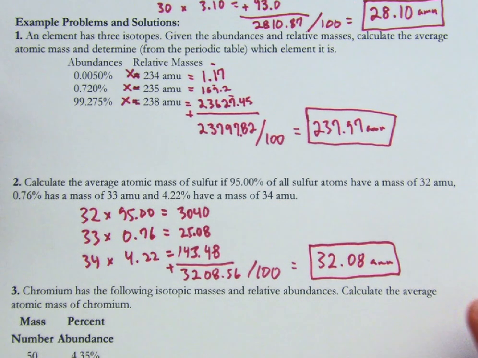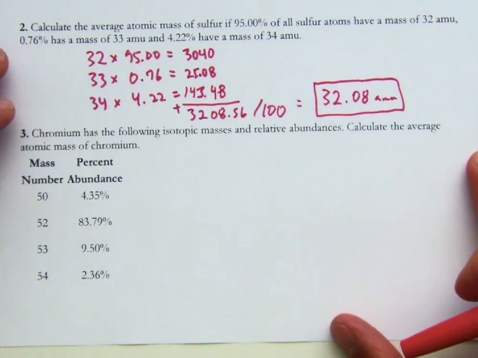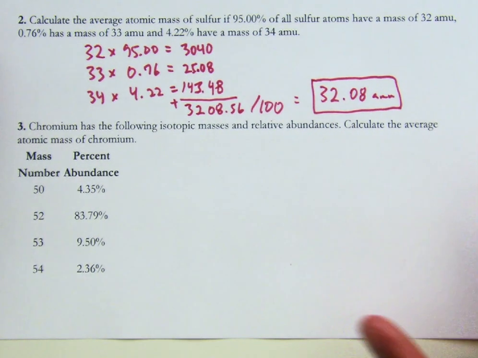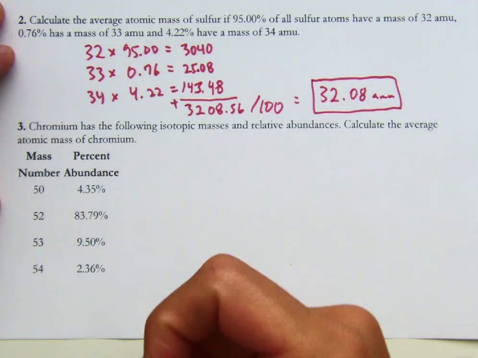Okay, final problem here. This one has more isotopes. Pause the video and try to do this one on your own, and then you're going to check your answer. Okay, go ahead, solve this for chromium. Okay, here we go.